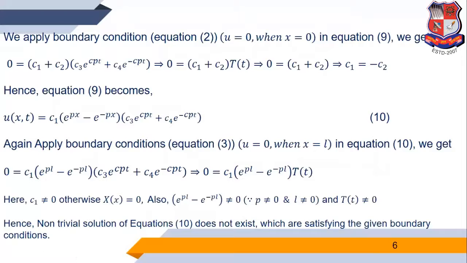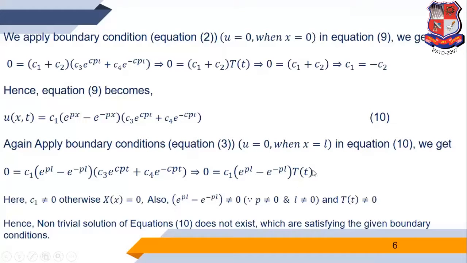Now applying the boundary condition equation 2 in equation 9, we get c1 equal to minus c2. We substitute c1 equal to minus c2 in equation 9, then equation 9 becomes equation number 10. Now in equation 10 we apply the boundary condition equation 3, so u is equal to 0 when x is equal to L, and we get this equation.